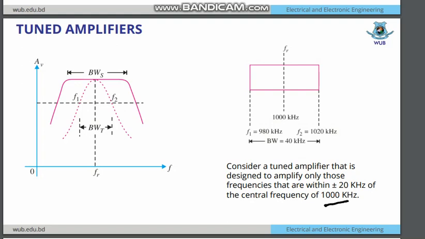The central frequency is 1000 kHz. Go 1000 plus 20, that's 1020 kHz, and subtract to get F1, that means the lower cutoff frequency, which is 980 kHz, and your bandwidth will be 40 kHz. That's the thing.